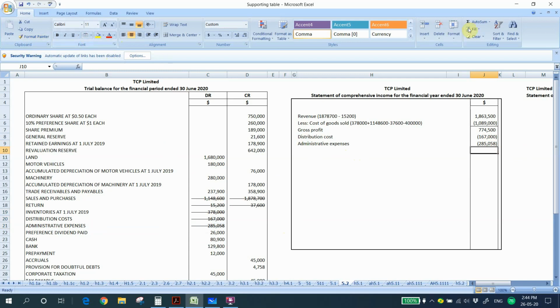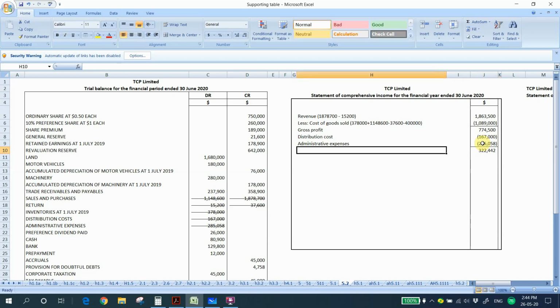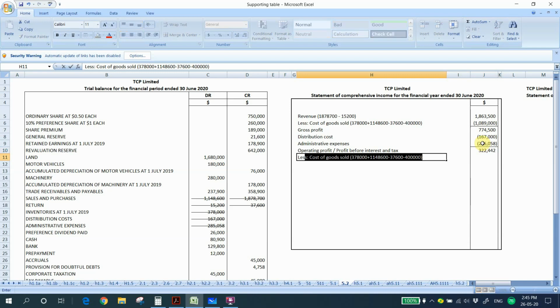So we can sum the amount from gross profit up to here. We get 322,442. This will be our operating profit, or you can say this is profit before interest and tax. Next, we have to minus the finance cost.